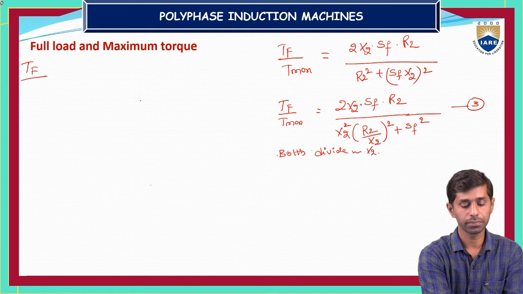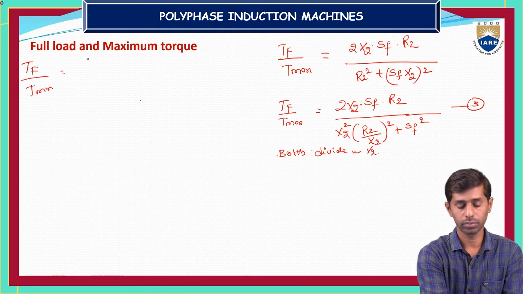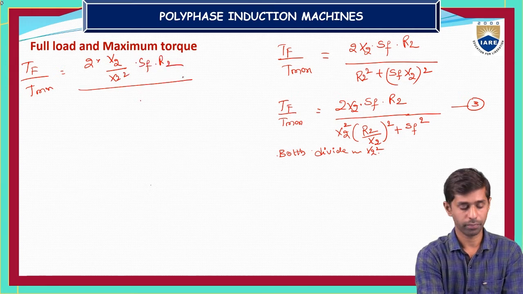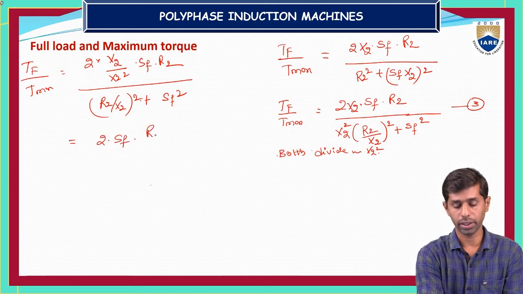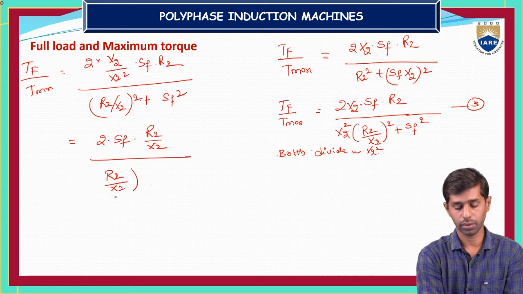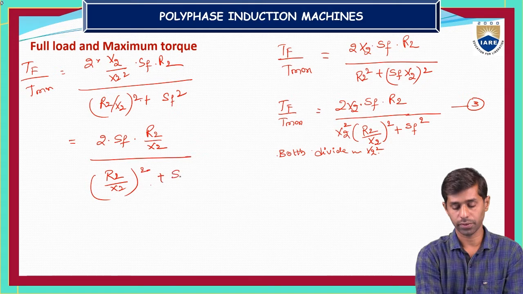So TF by T maximum equals 2 times X2 by X2 square into SF into R2 divided by R2 by X2 whole square plus SF square. This will be 2 times SF into R2 by X2 divided by R2 by X2 whole square plus SF square.